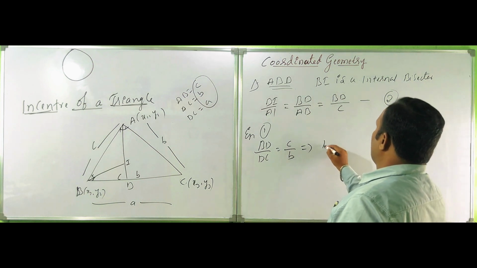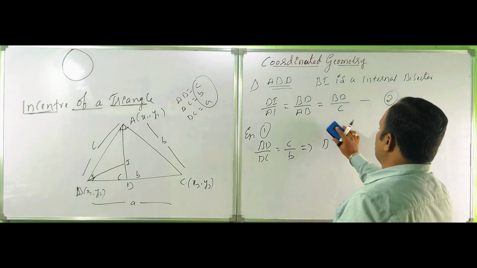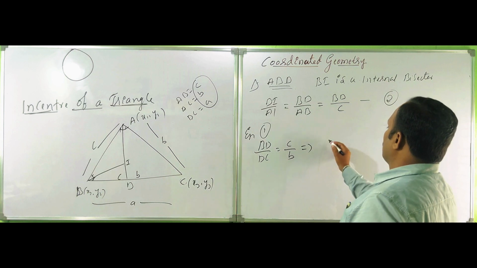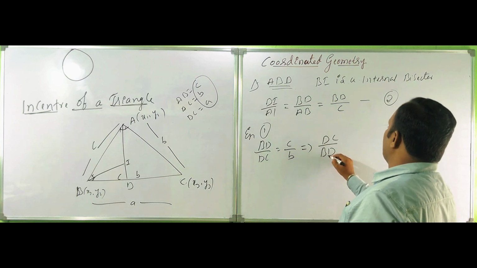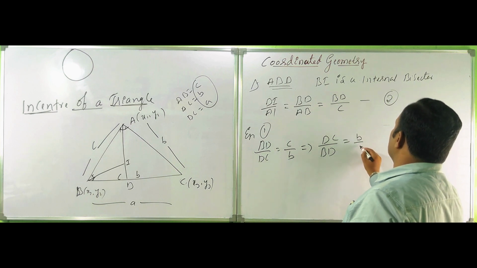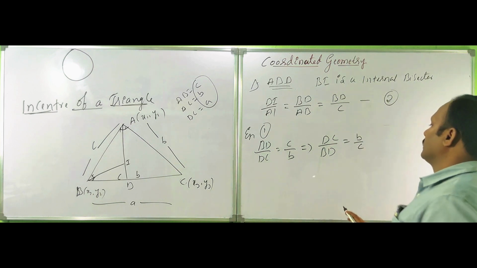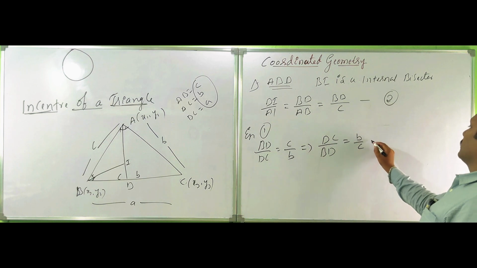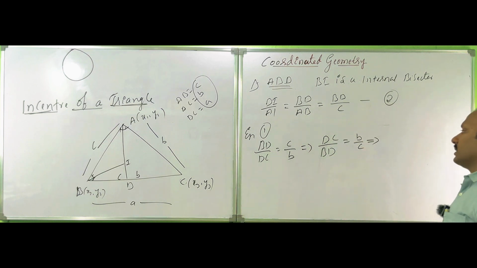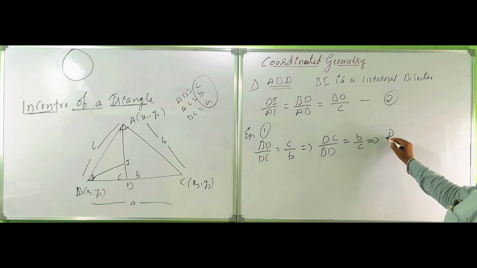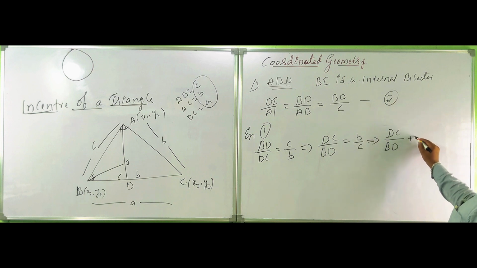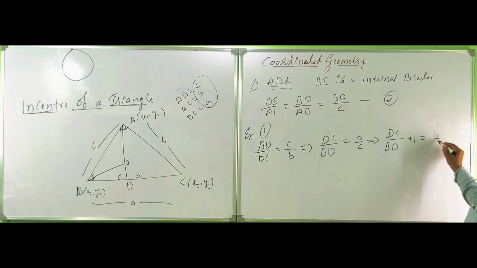We want BD, so taking the reciprocal, DC by BD is equal to b by c. Adding 1 on both sides, DC by BD plus 1 is equal to b by c plus 1.